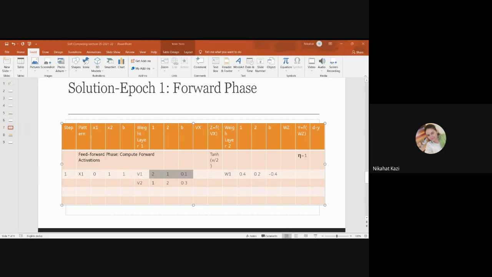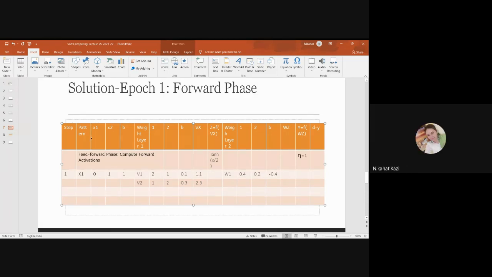What is V1 times X1? 1.1, right? Similarly, V2 times X1: 2.3.